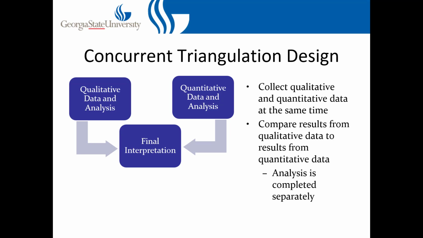You compare the results from the qualitative data and the quantitative data separately, and then you compare the findings for your final interpretation. So the concurrent triangulation design is going to be the design that's often more attractive to people who are writing theses and dissertations because it's a much shorter process.